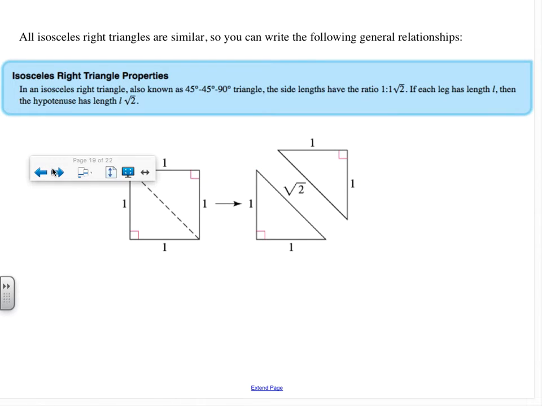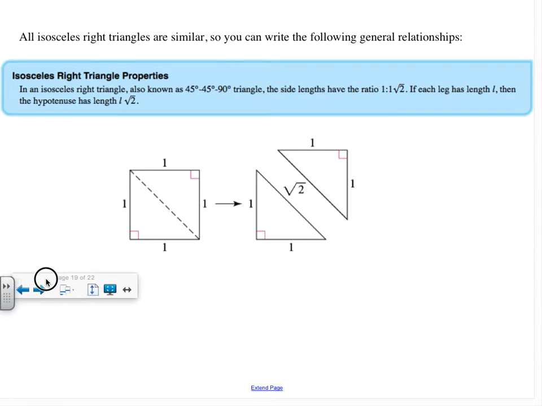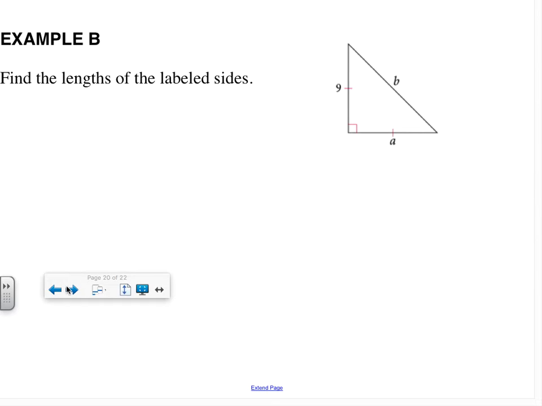Another refresher from geometry. Here is your 45-45-90 right triangle. The ratios are 1, 1, square root of 2, or I like to call them x, x, x times the square root of 2. The longest side is the hypotenuse. This is also isosceles because you have 2 equal sides. So if this is isosceles, that means these are 45.